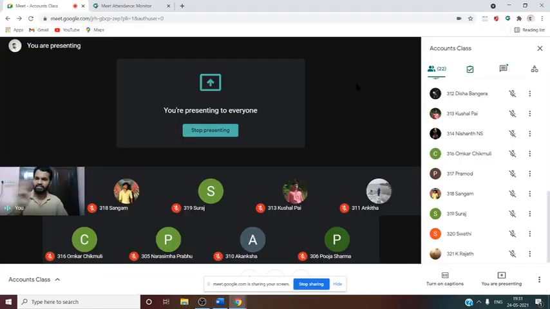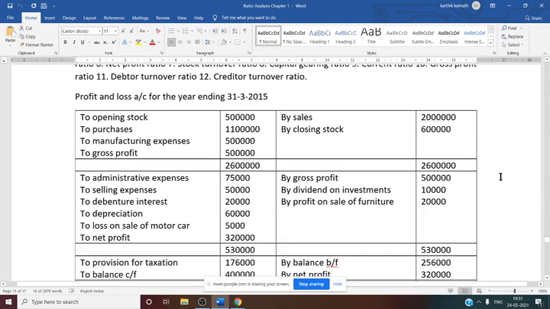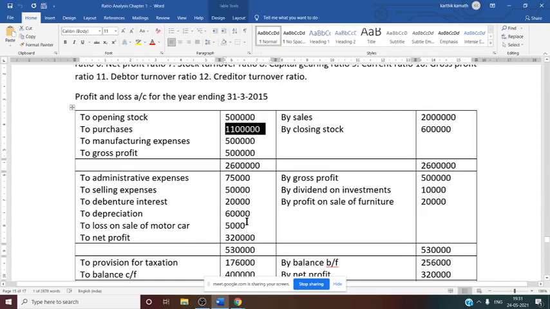Cash purchase plus credit purchase, you get total purchase minus purchase return, you will get net credit purchase. So you can consider here only purchase information is given in the P&L account. That is why directly you can consider that is 11 lakh net credit purchase. I will show you where they have mentioned here purchase information. See this P&L account, just below the opening stock they have given you 11 lakh. So directly you can take that amount.